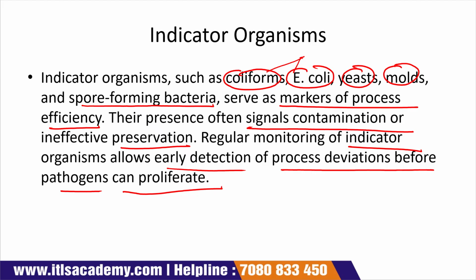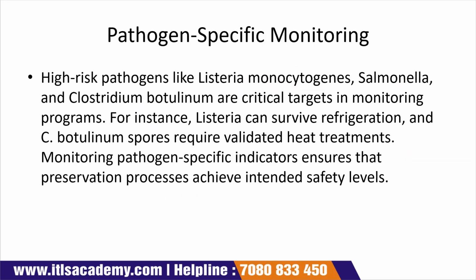Now this ice bucket is not safe for use, because even a single unit of E. coli will not be tolerated. So this is called an indicator organism: even if it is present in only a single colony forming unit, it is not acceptable.